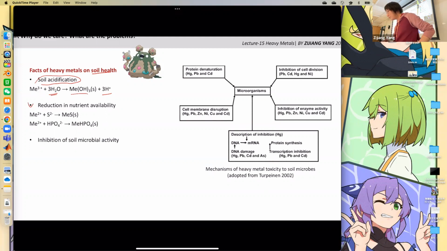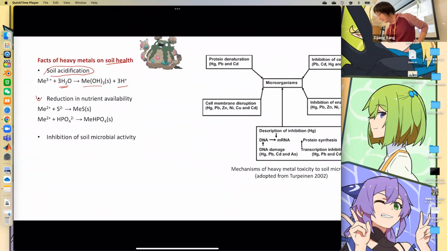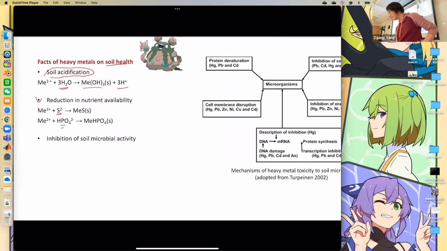It may also reduce the nutrient availability in the soil. For example, we know that sulfur and phosphorus are important. But when we have some heavy metals, they may form precipitation with these nutrient elements, which makes them unavailable to the plant, which is bad.